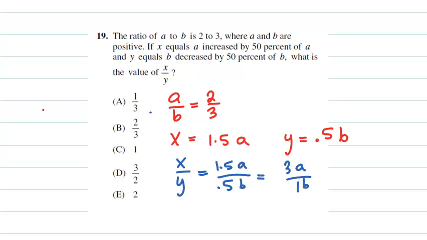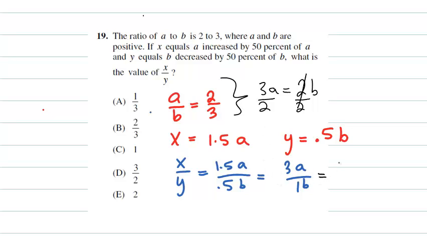And from the very first thing we set up, if we had cross-multiplied that, 3a equals 2b, or b equals 3/2 of a.